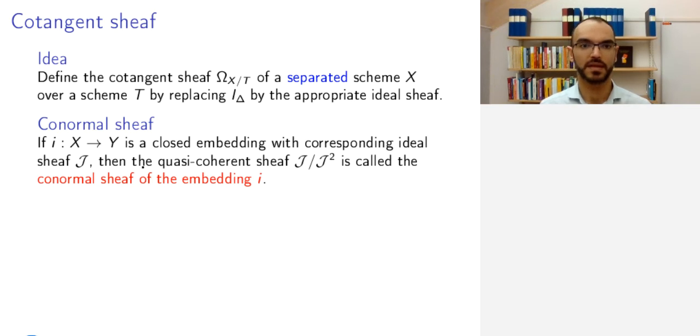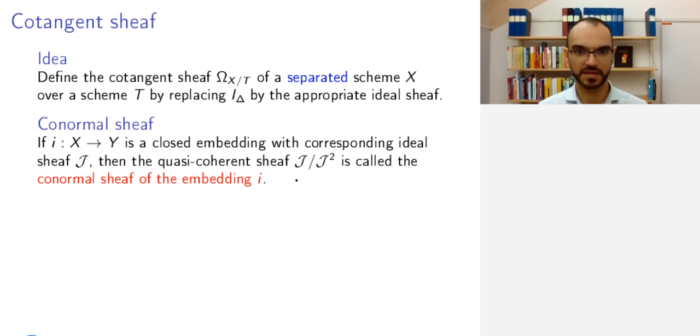So we define the conormal sheaf. Namely, if i is a closed embedding of schemes, meaning that X is a closed subscheme of Y, and this corresponds to an ideal sheaf J, as we saw in the previous lecture. So if we have this corresponding ideal sheaf, then the quasi-coherent sheaf J modulo J squared is called the conormal sheaf of the embedding i.